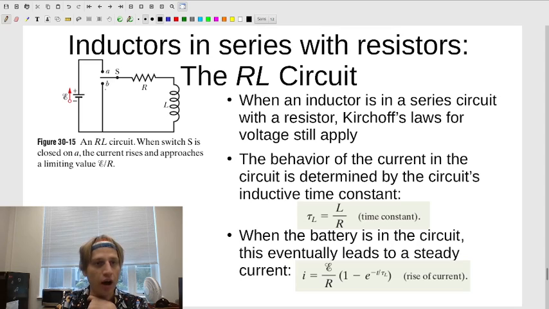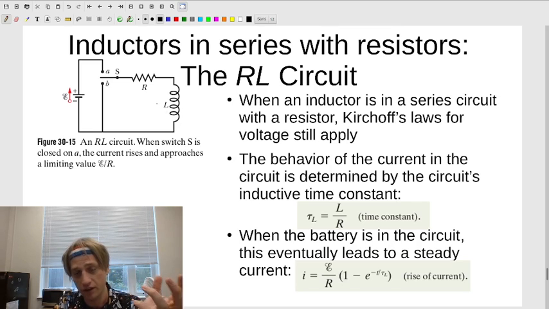When you turn it off, when I take my voltage source away and allow the current to flow through here, it's going to also take a bit of time for that current to stop. The inductor will want to continue the current going in the direction that it was going. As I said, it's sort of like magnetic inertia for a current.